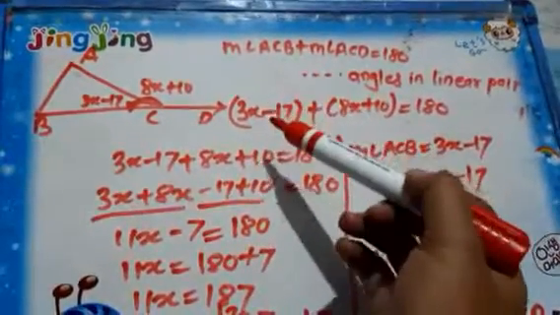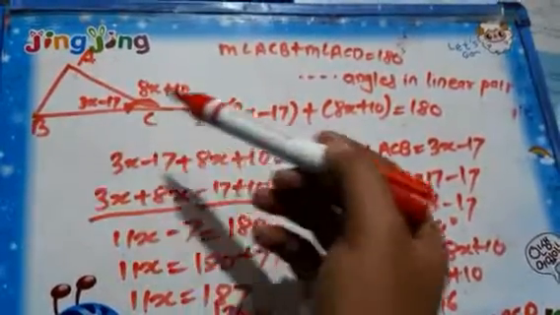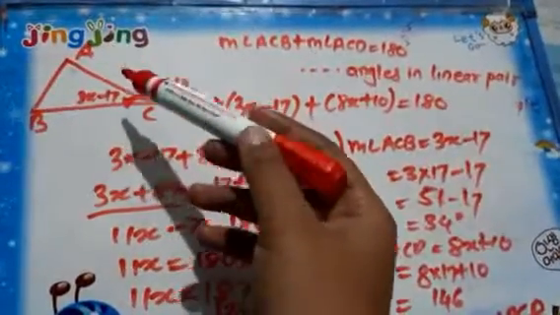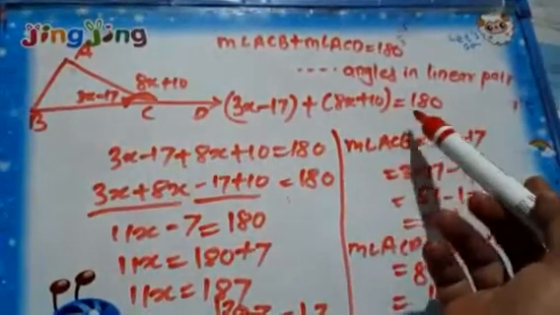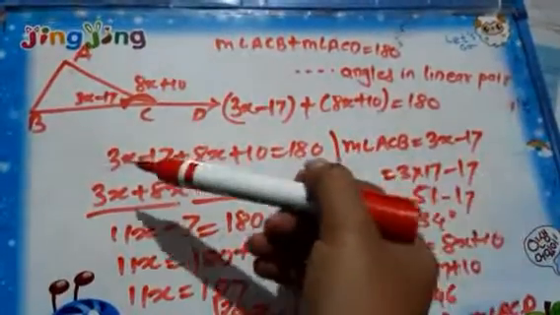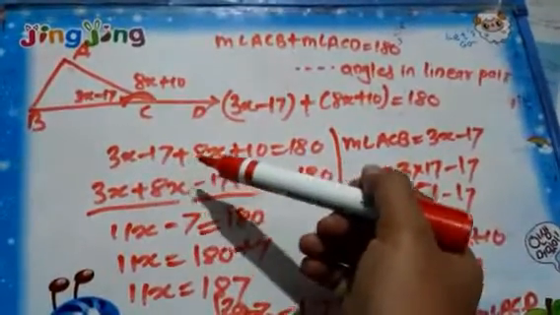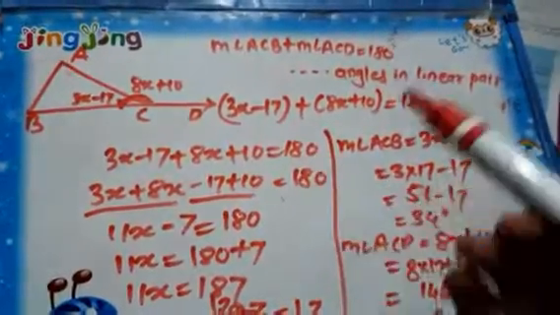So ACB is of measure 3x minus 17, this one interior, and ACD exterior is having measure 8x plus 10, is equal to 180. Simply we will just remove the brackets. 3x minus 17 plus 8x plus 10 is equal to 180 degree.